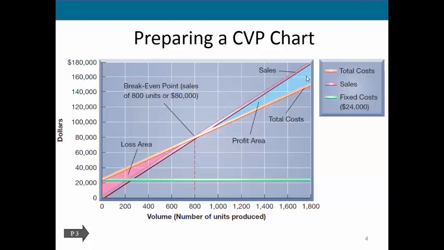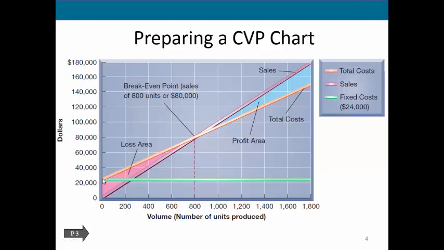So what you can see here, we've got our two different cost lines. We have here our fixed cost line, and then we've got our total cost line. If we wanted, we could also show our total variable costs, and that would just be a line below the total cost line that starts at the origin rather than up here at the fixed costs.